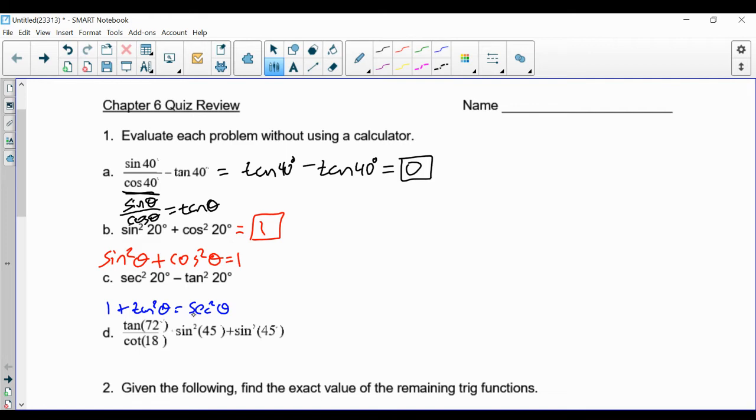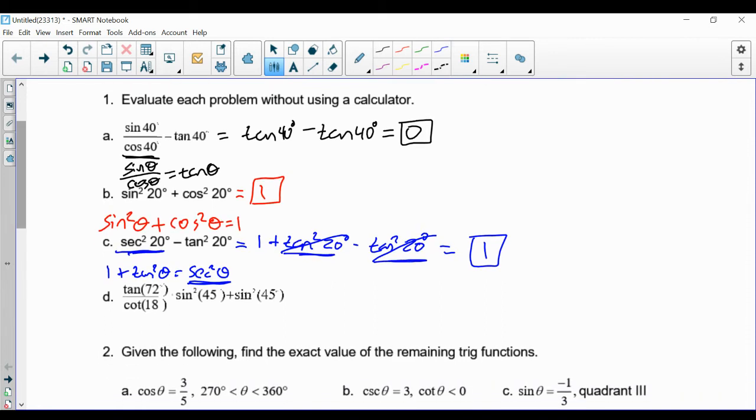The reason we're using this one is because we have secant squared, so I can do some substitution, and instead of writing secant squared, I can write 1 plus tangent squared of 20 degrees minus tangent squared of 20 degrees. Just like the first problem, these two things are going to cancel each other out, which means our answer is 1.